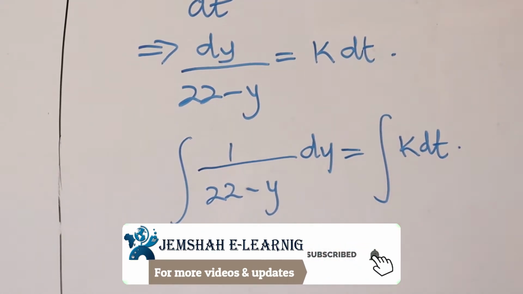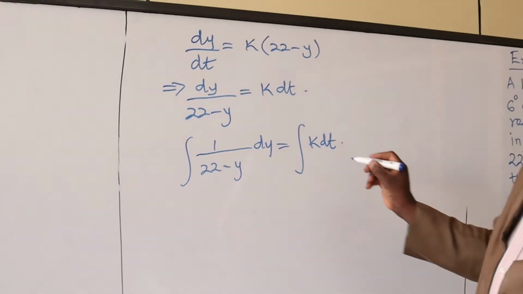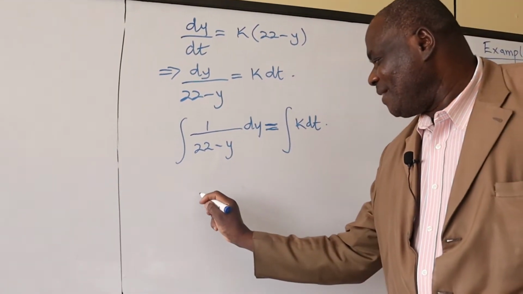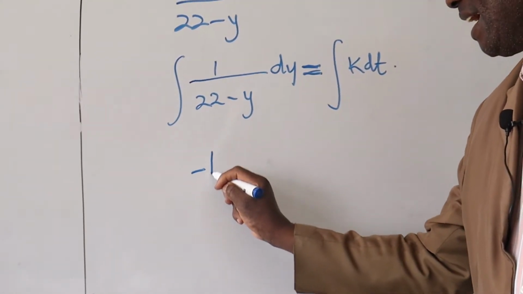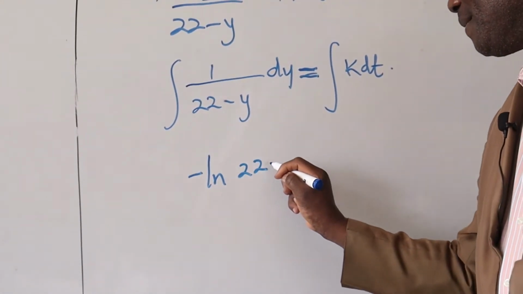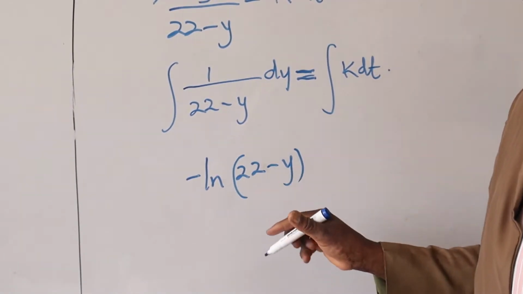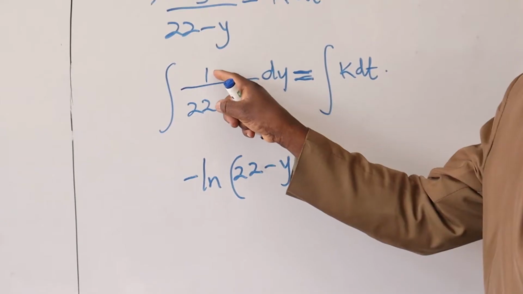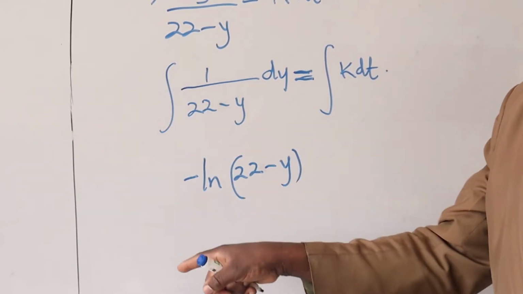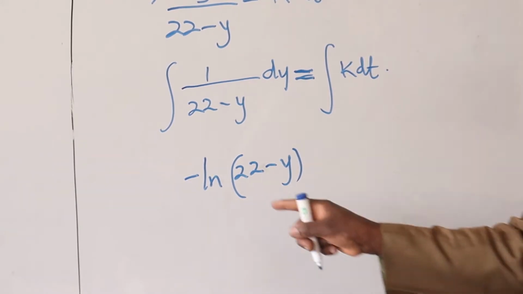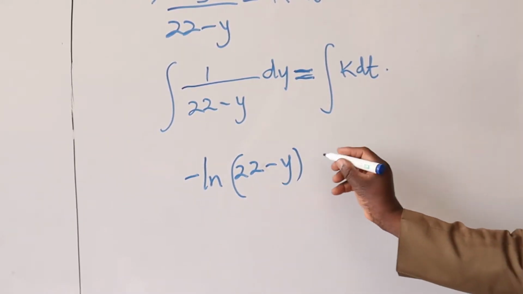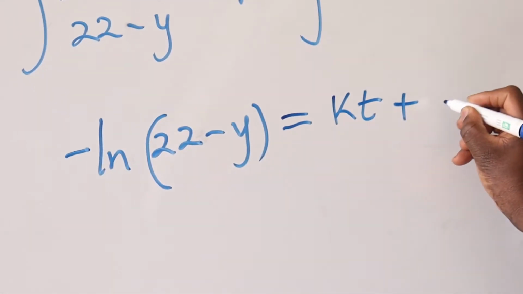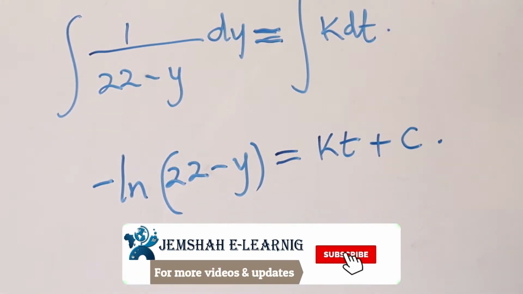When we integrate this, we get minus ln of 22 minus y, because when you differentiate the denominator, we get negative 1, so there will be a negative out. Minus ln of 22 minus y is equal to kt plus a constant of integration, which we are going to call c.